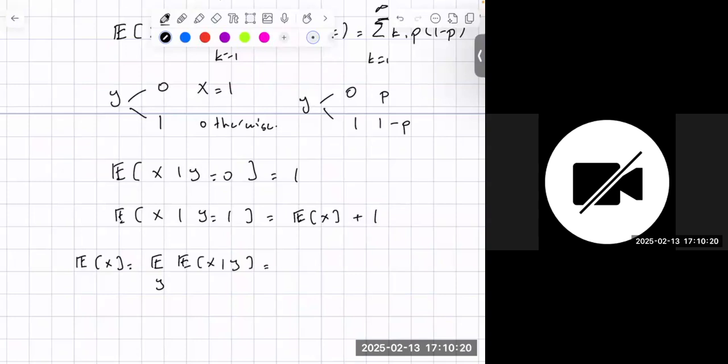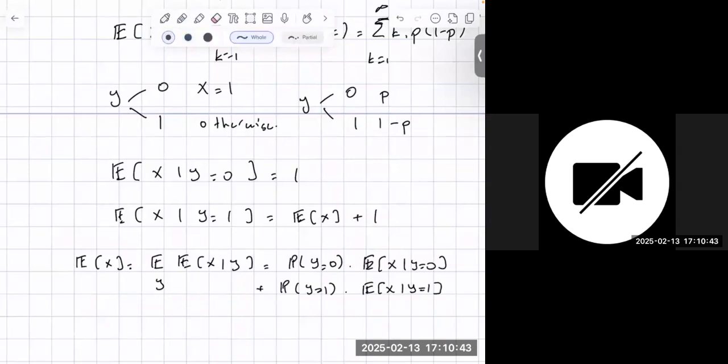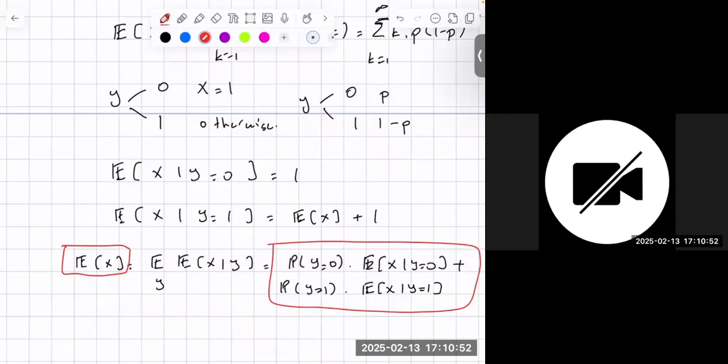And Y has 2 possible values, either 0 or 1, right? So this means probability of Y equals 0 times conditional expectation when Y equals 0, plus probability of Y equals 1 times conditional expectation. Now I know this thing equals this thing.